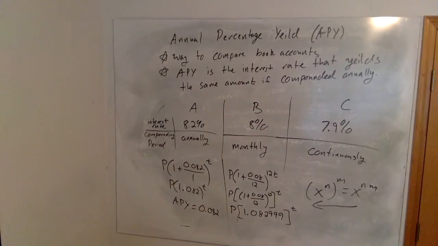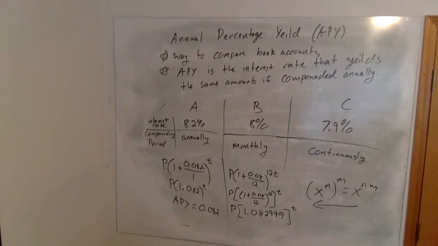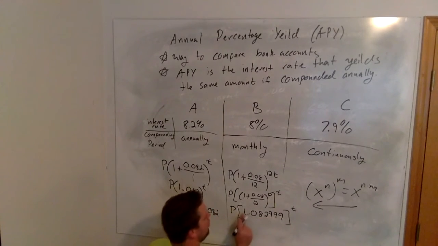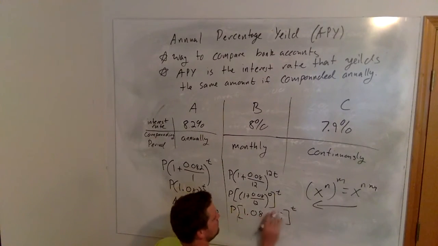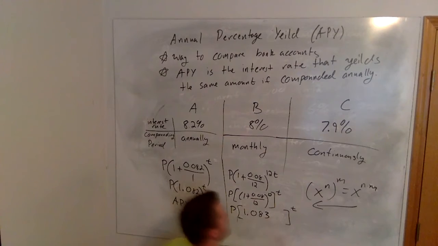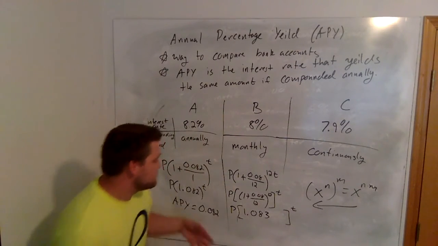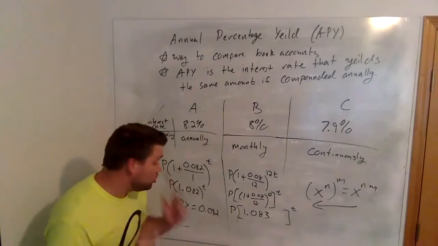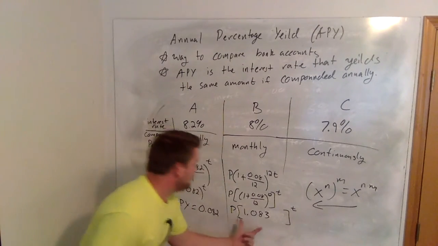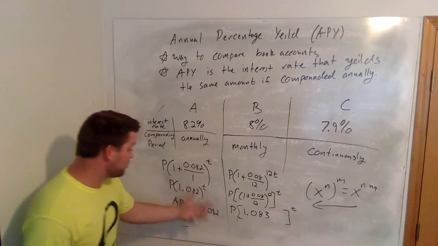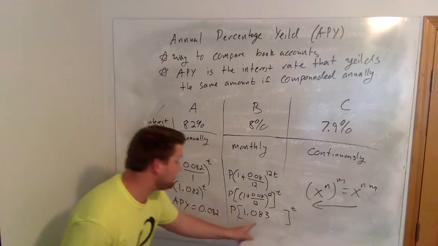Let's just round it to roughly 1.083. Notice that this looks a lot like I was just compounding once per year rather than 12 times.